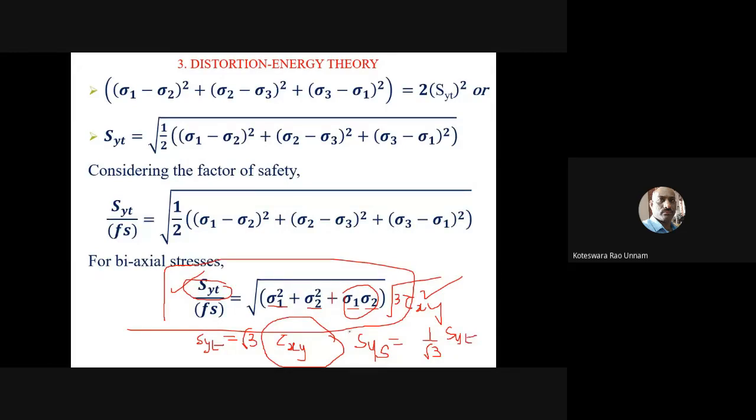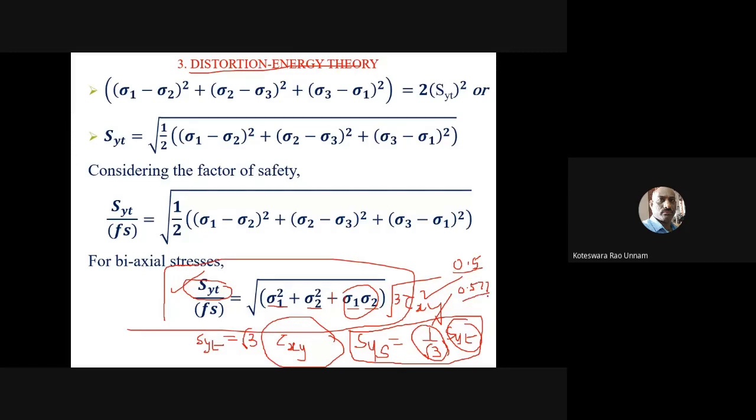You are getting a different expression for the yield strength in shear in the distortion energy theory. In the maximum shear stress theory, you got SYD by 2, whereas here you got 1 by root 3 into SYD. This 1 by root 3 is 0.577, whereas in the maximum shear stress theory you got 0.5.